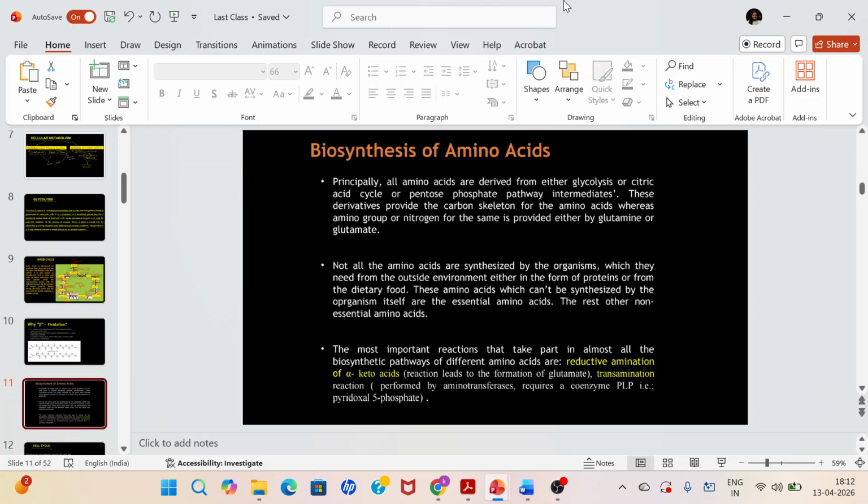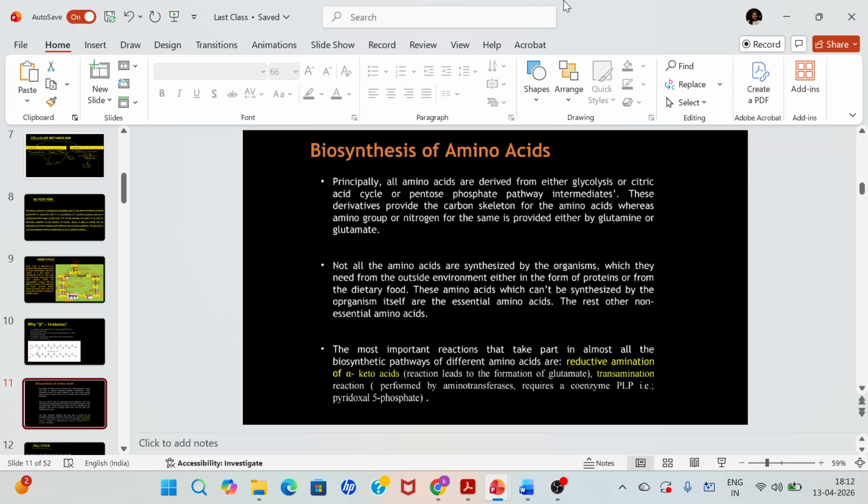Essential ones are those which we have to take from outside because they can't be formed inside the body. But non-essential are the ones which we can form inside our body from the many precursors that are available from all of these reactions: the glycolysis, citric acid cycle or Krebs cycle, and pentose phosphate pathway.